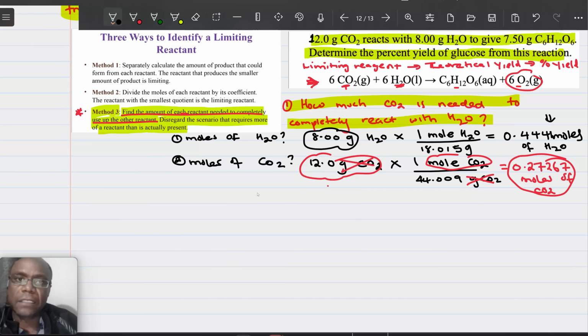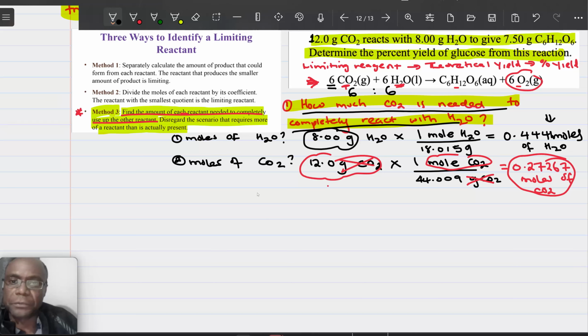Now you can see in the reacting ratio, it is 6 moles of CO2 reacting with 6 moles of water in the balanced equation. So if I need to find how much CO2 is needed to completely react with water, this is what I do. I take my moles of water, which is 0.4441 moles of water, and I multiply it by the mole ratio.